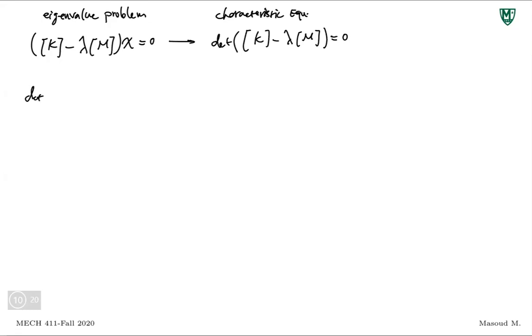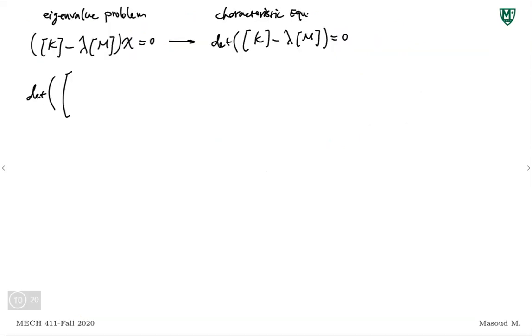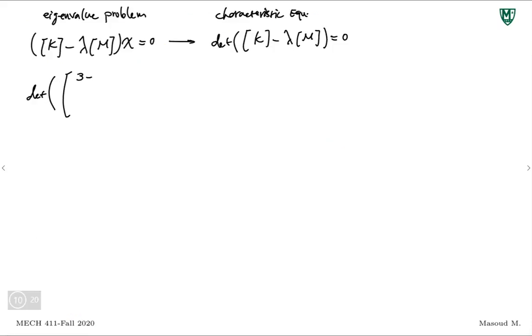The determinant of this matrix is equal to 0. The K matrix first element is K1 plus K2. K1 is 1, K2 is 2, so it becomes 3 minus lambda m1. I know m1 is 1, so it becomes 3 minus lambda.